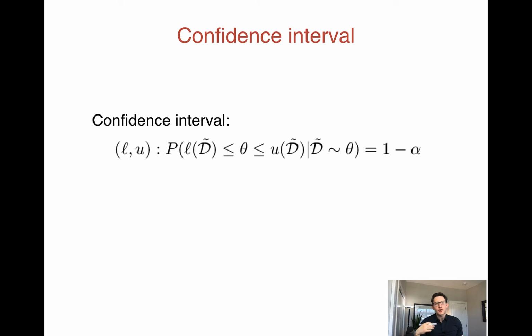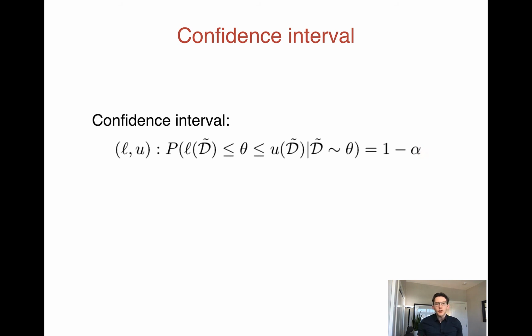Let's say we'd like to determine that the coin has between 0.6 and 0.8 probability of landing heads. So we call this range LU a confidence interval if it's the case that, assuming our data comes from theta, then the probability that L and U are less than and greater than theta respectively is some probability that we control.